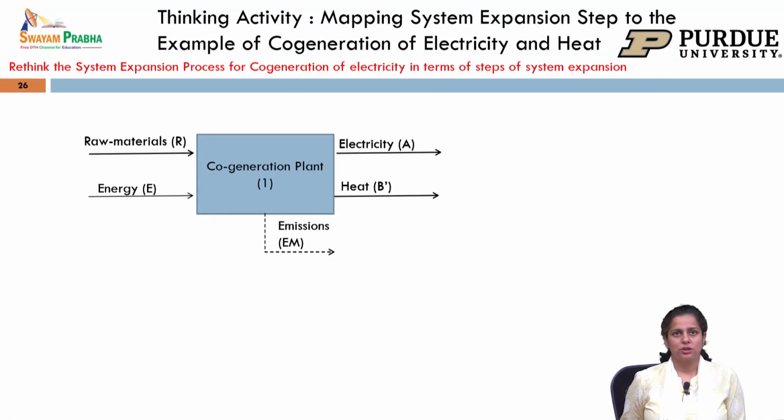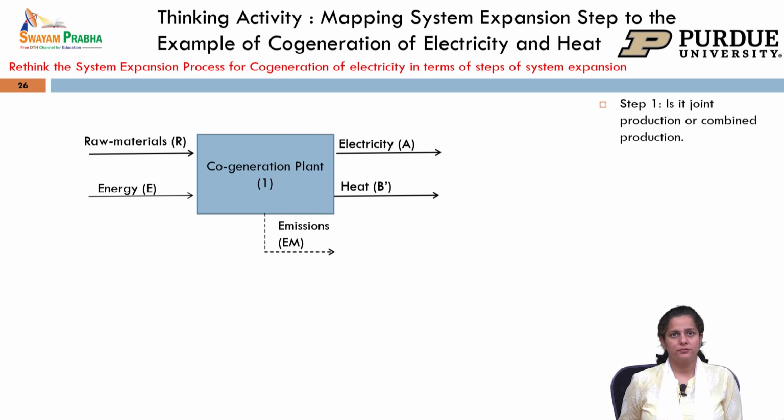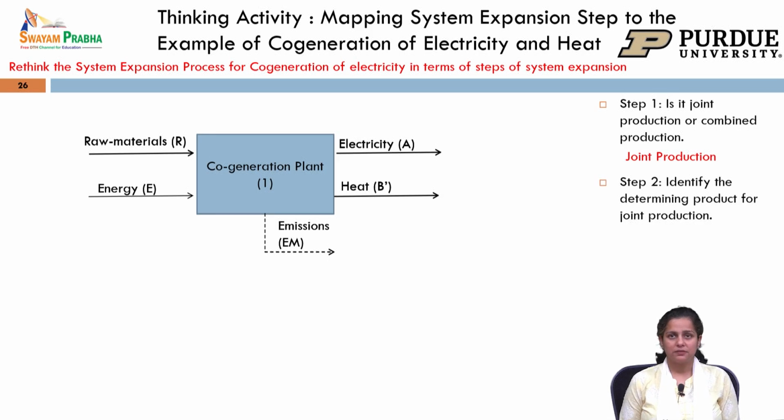Alright, so let's look at step 1 for our system expansion. First we have to think, is it a joint production or combined production? We already talked about that this is a joint production process because we cannot separate out electricity production from the heat production. Step 2, identifying the determining product for joint production.